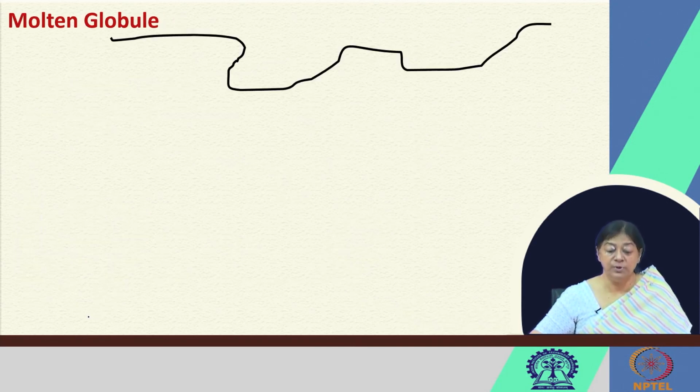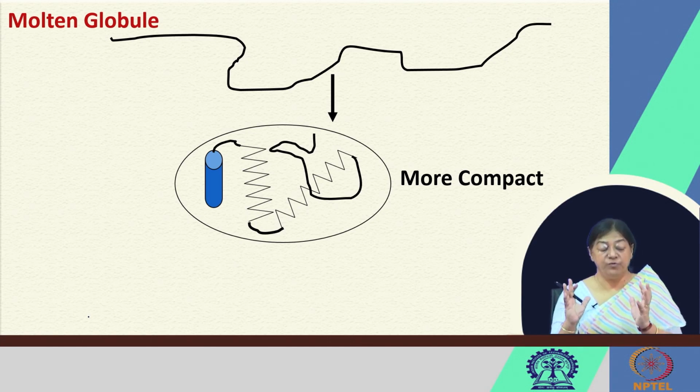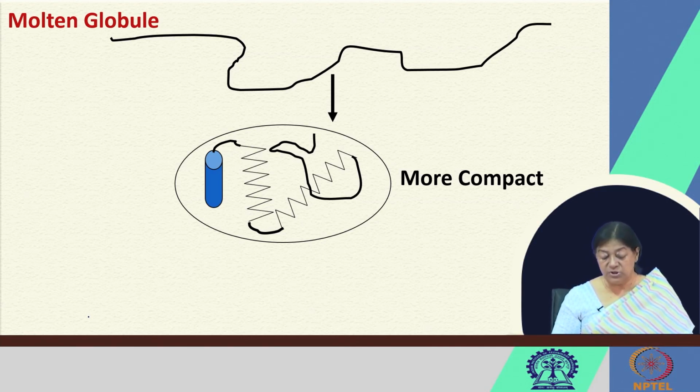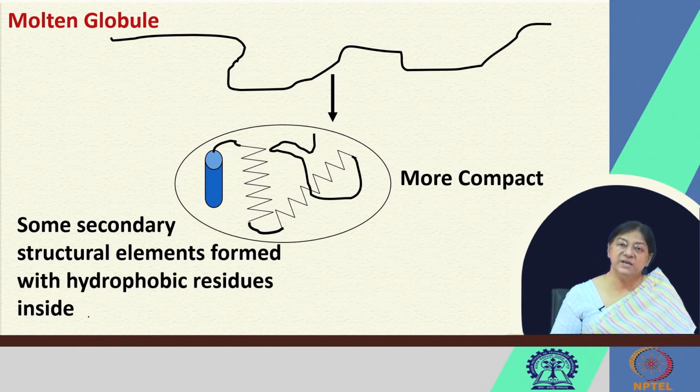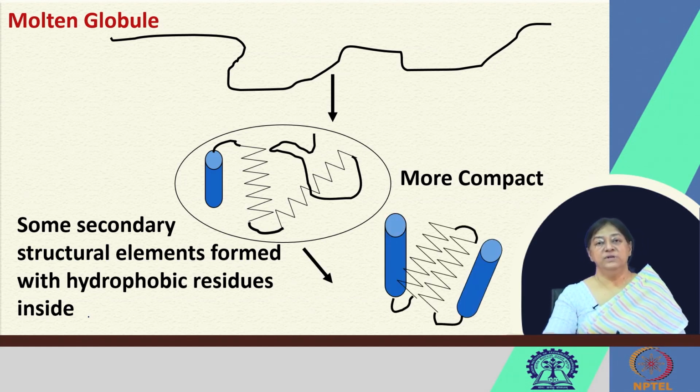In the molten globule model, again we have the unfolded structure and we have a more compact structure, just a folding of the polypeptide chain to form a compact unit called the molten globule, and some secondary structured elements are formed. Some hydrophobic residues result in a collapse where the hydrophobic residues come together in the central part, and then this will form the overall folded protein.